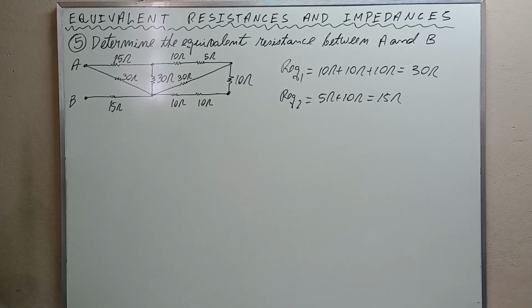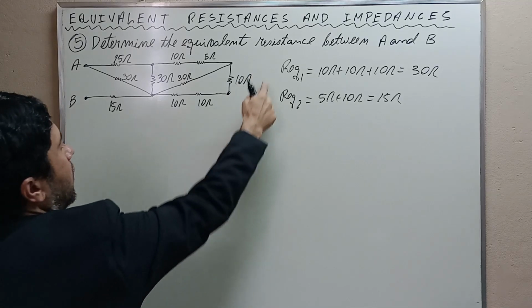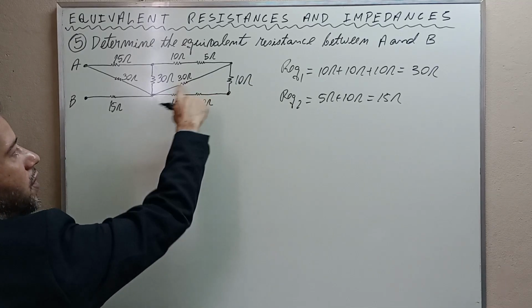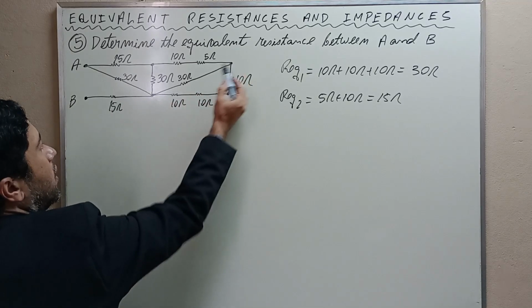Notice now that we have got two 30 ohms resistances in parallel. We have 30 ohms here, okay, in parallel with these 30 ohms. They share two terminals, here and here.